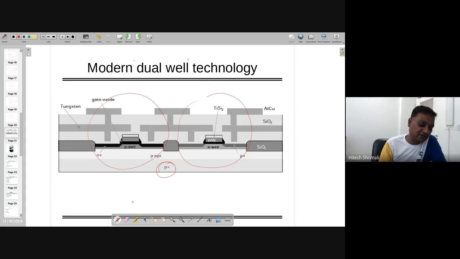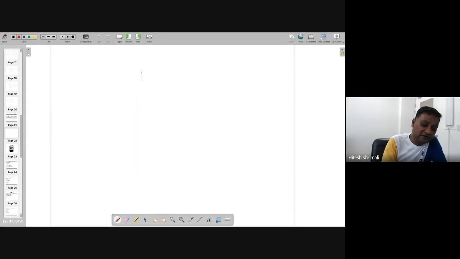Such things we will use in future, but right now it's not needed. It's technology specific. All technologies are not dual well. There are certain technologies which are dual well, and that is already known to you from the beginning. If you want to know whether it's dual well or which kind of technology, you need to read something called the DRM of the technology.